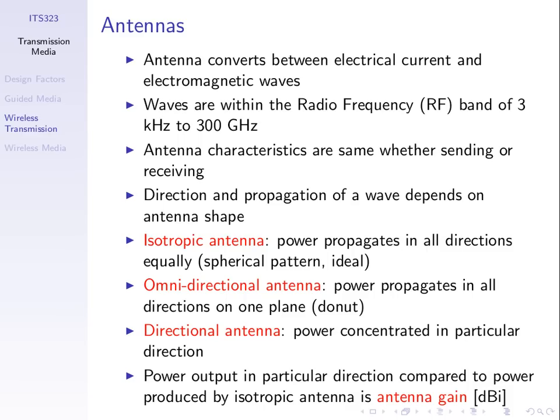Now, the first important thing we want to introduce today is how we measure these directional antennas and omnidirectional antennas, and how we can talk about how much greater or how strong the signal is. Everything is done relative to this ideal isotropic antenna.